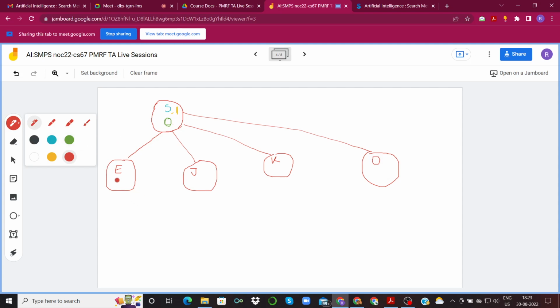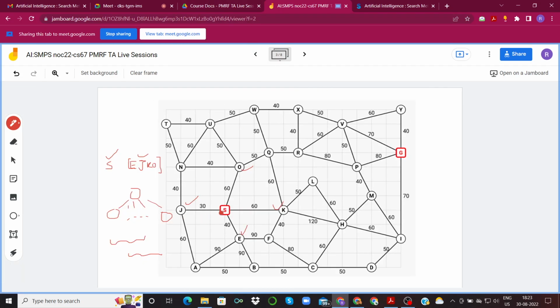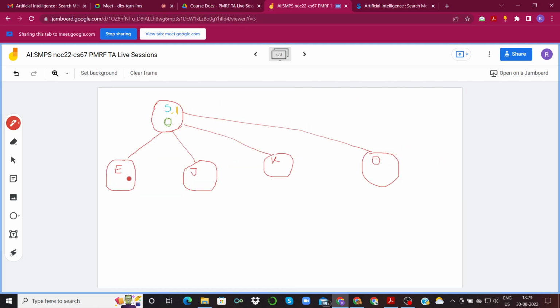What would be the cost associated with each of these nodes? We can conveniently look at the map and see that the cost for E is 40, for J it is 30, and for K and O it is 60 each. So this is 40, this is 30, and these two are 60.